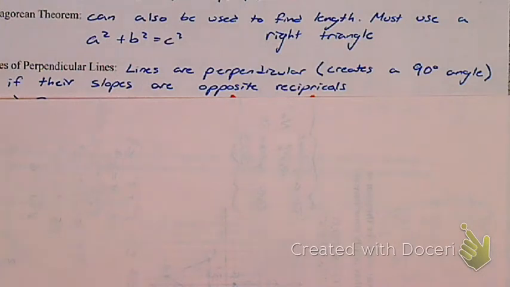Copy this down. So, to prove it's a right angle, it means that the lines are perpendicular. Perpendicular means that they cross at a 90-degree angle. In order to prove that, the slopes are going to be opposite reciprocals.